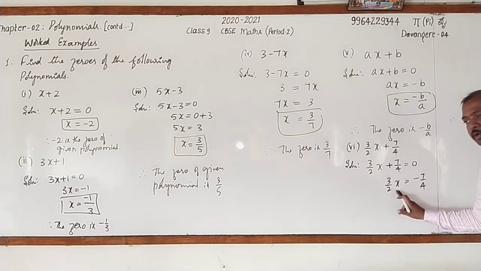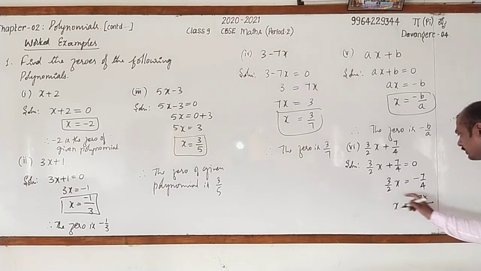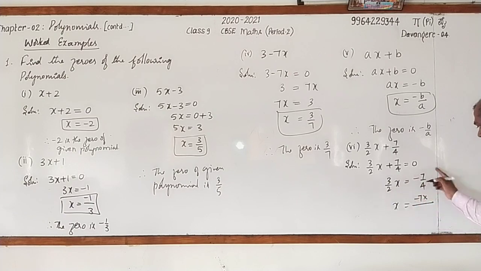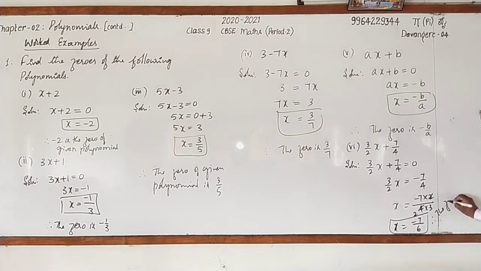Clear? We want only x. x equal to minus 7, cross multiply. 7 should be multiplied with minus 7, 3 should be multiplied with 4. Here you can go for cancelling, see that 1 2s are 2, and 1 4s are 4. Now x equal to minus 7 as it is, 2 3s are 6. Therefore, the 0 is minus 7 by 6.